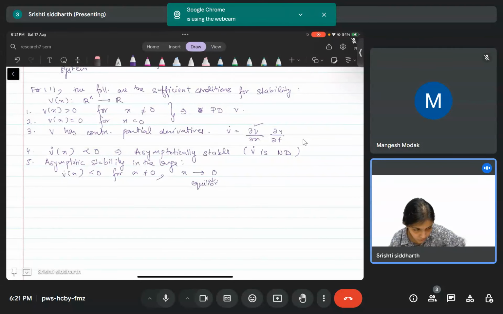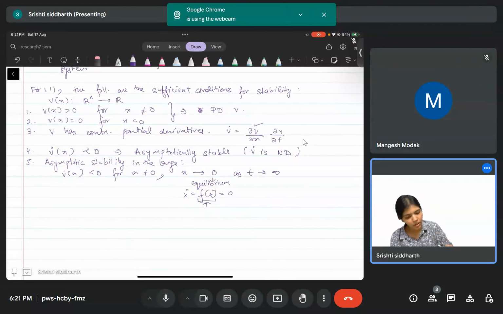So what's the equilibrium of that nonlinear differential equation? When x dot equals f of x is exactly 0. So the equilibrium points are the roots of the nonlinear function f. So x goes to this equilibrium as time tends to infinity.